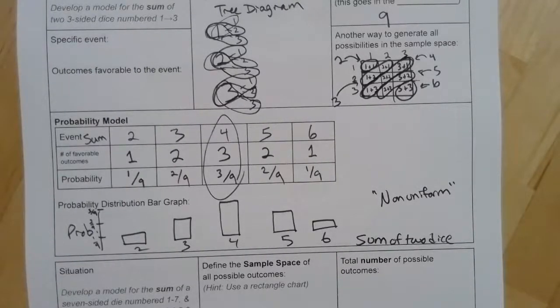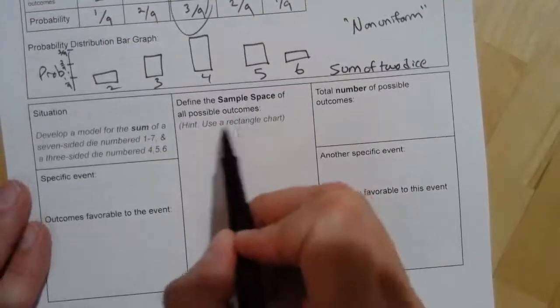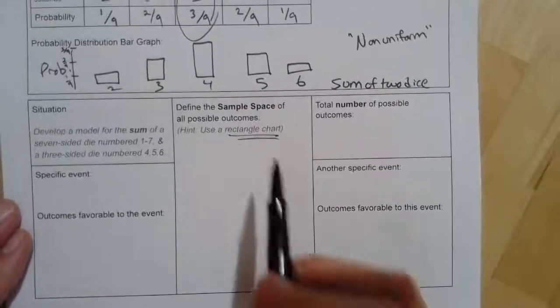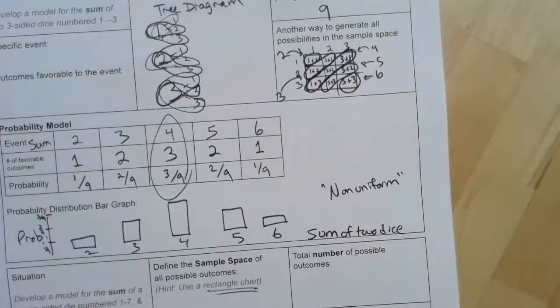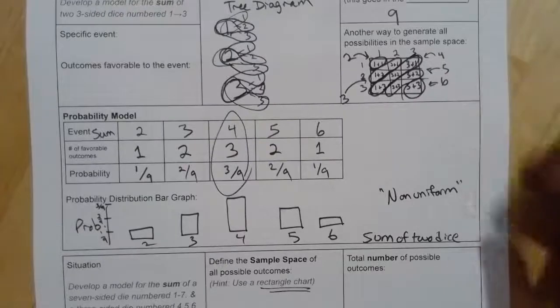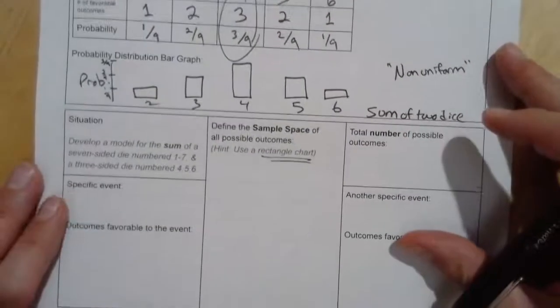Let's see, we've got another situation down here where I just want to briefly again talk about using a rectangle chart. This can get really funky, but if we have this systematic way of representing possible outcomes, that's where the power of math is here, that this systematic way of representing them can make a kind of trickier problem really straightforward, actually.